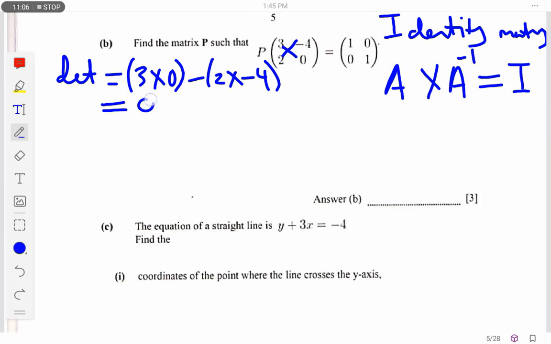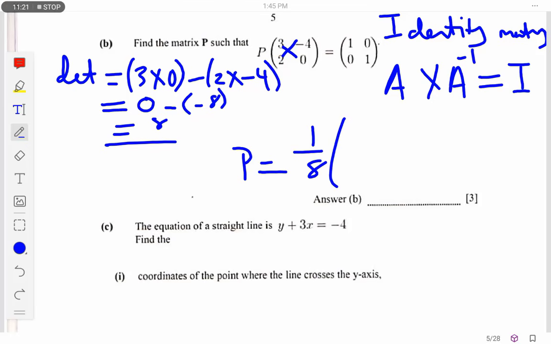So we get 0 minus 8, so we get minus 8 here. That's our determinant. Then our inverse matrix P is going to be equal to 1 over the determinant, which is 8. Then we go to our matrix. We interchange 3 and 0, so it's going to be 0 and 3.